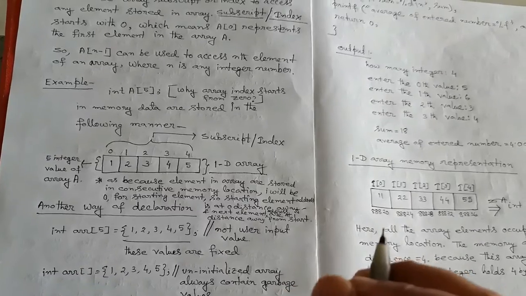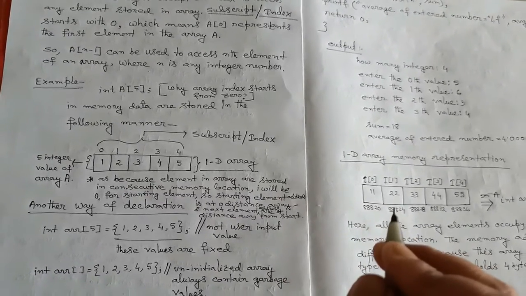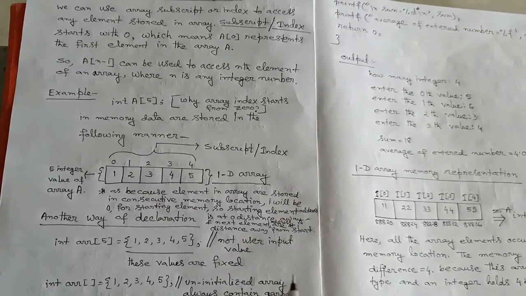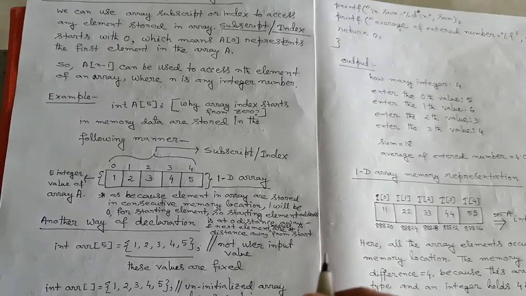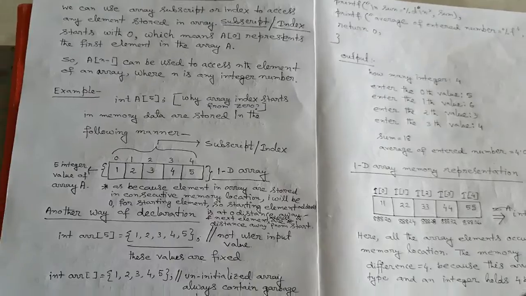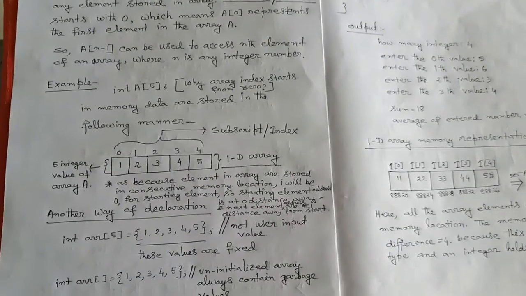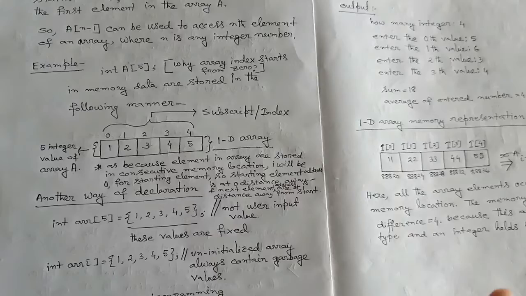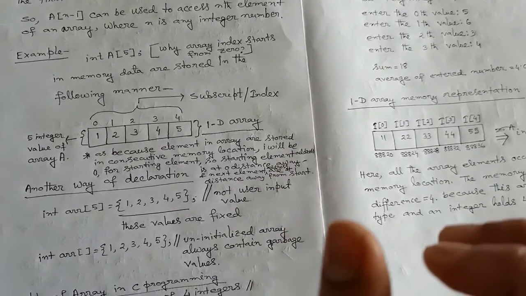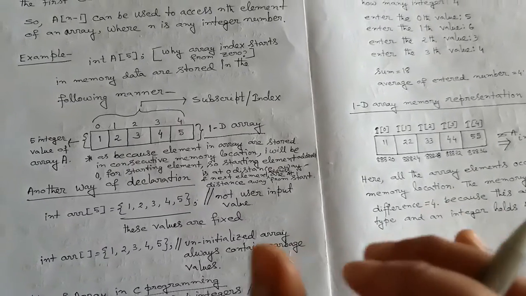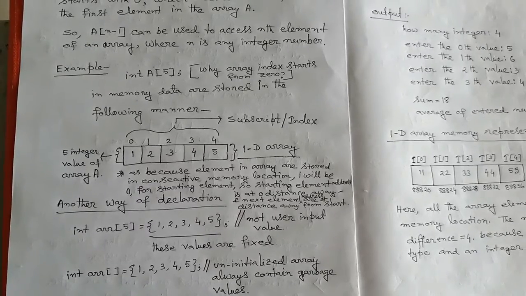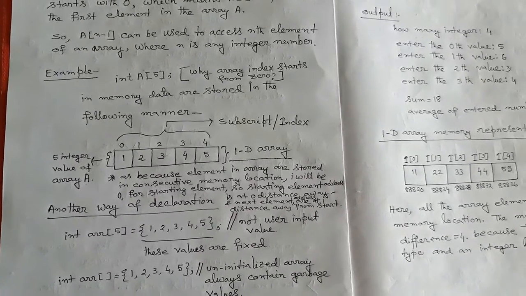So in this way we represent the element with the address value. This representation is also mapped into the memory, so memory can easily understand. Yes, from the 0th address value these values are stored. That's why we start the index from 0.